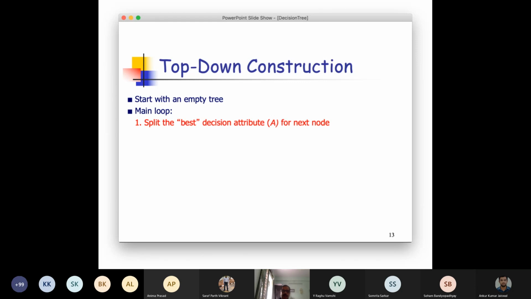Of course, if it is a discrete value, your job is simpler, because for every discrete value you'll have a branch. But if it is a continuous variable, then you need to discretize. So what kind of discretization would be efficient and give you the desirable result? That is an issue.